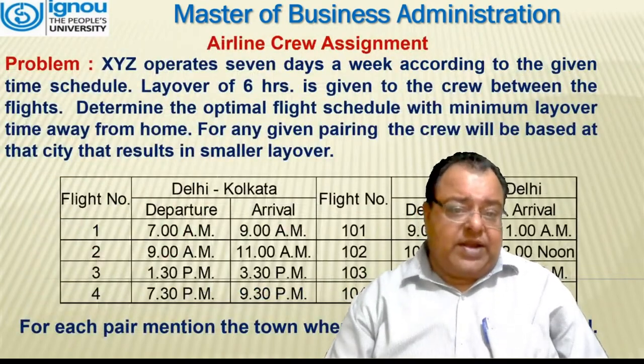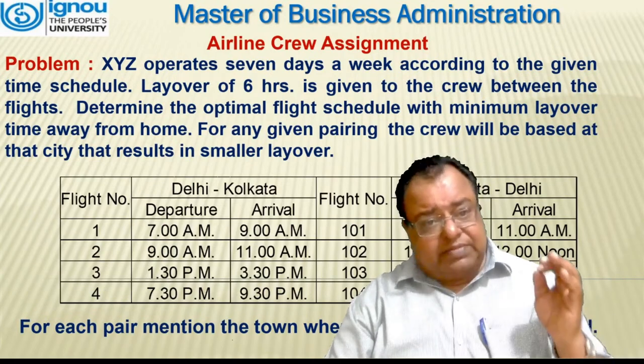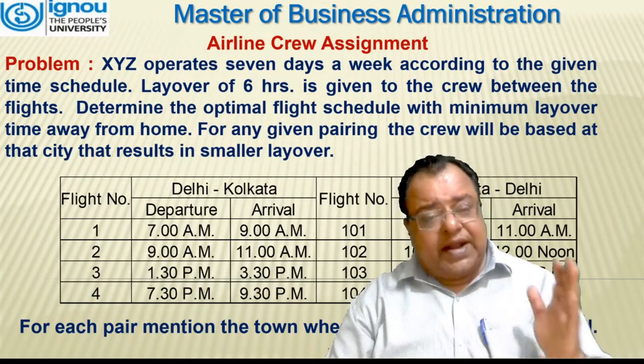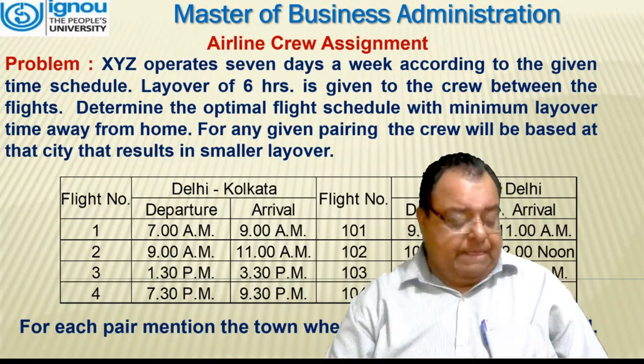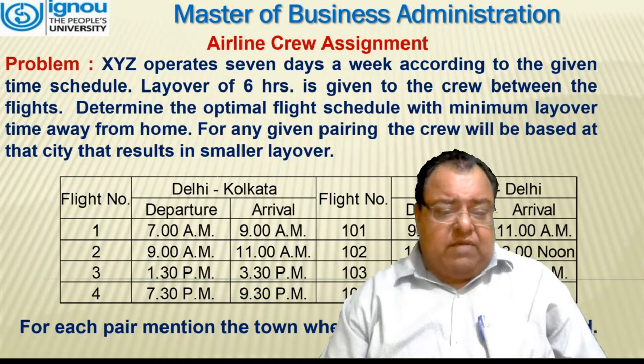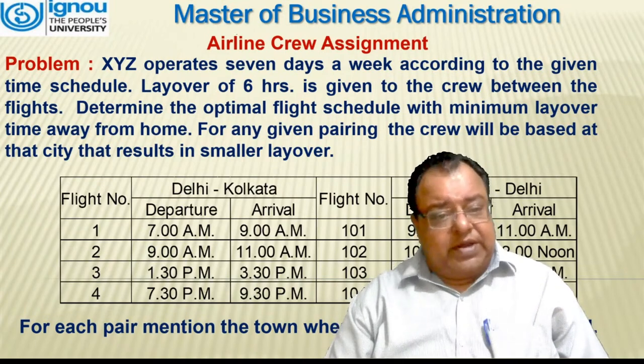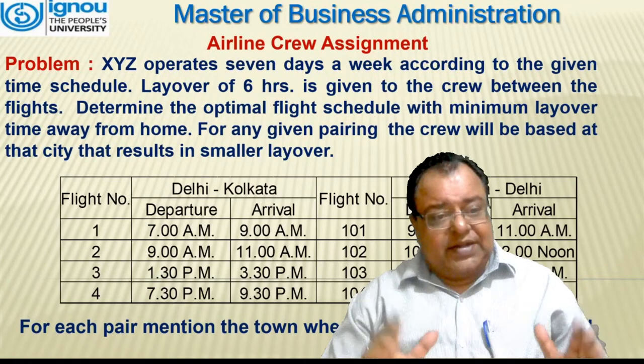This is related to a problem of assignment. This is a special case, that is airline crew assignment. XYZ operates 7 days a week. According to the given time schedule, layover of 6 hours is given to the crew between the flights.